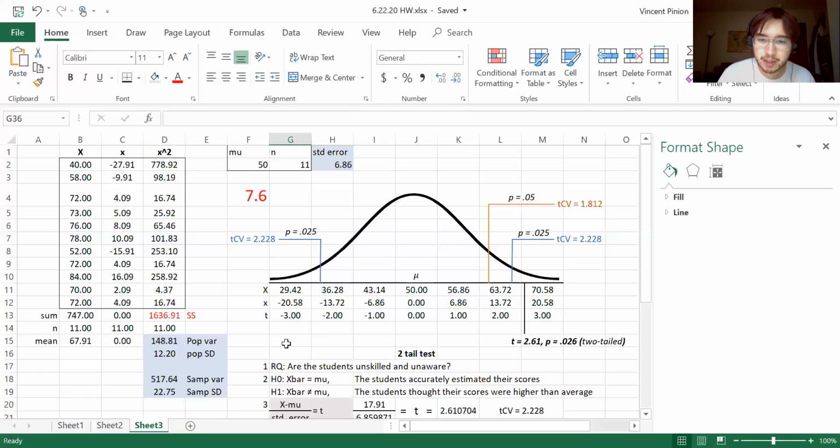But in this example, there was this standardized test, and on the standardized test, the average was a 50. And that's not a raw score, that's a percentile. So what we're comparing the students' scores that they thought they got to is 50.